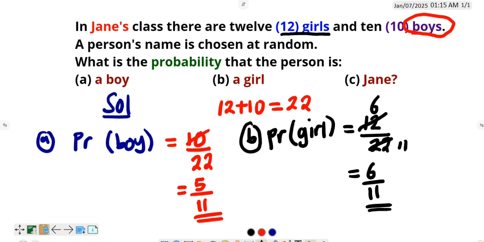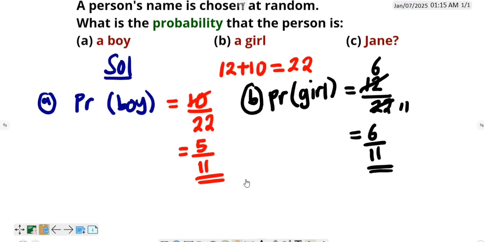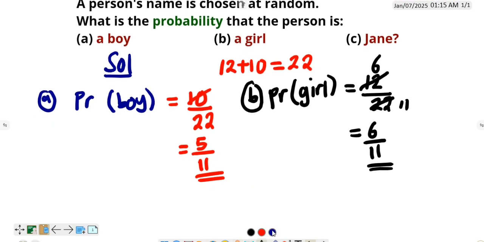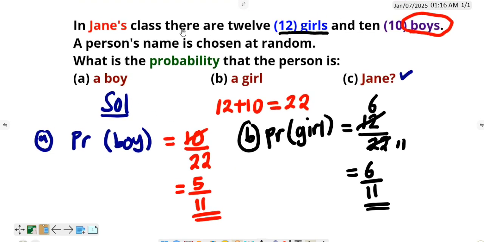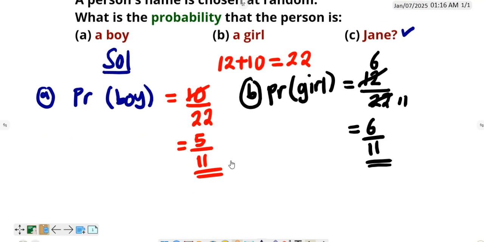Now, we come to our last question. Our last question is saying, what is the probability of picking Jane? From the question, we can read, we are told that in Jane's class, there are 12 girls and 10 boys. So we are looking at girls. Jane is a girl. Since here we only have one girl called Jane, I'm going to write the total number of outcomes.